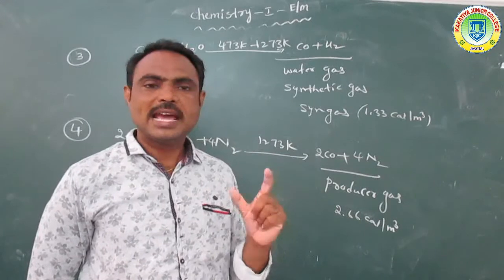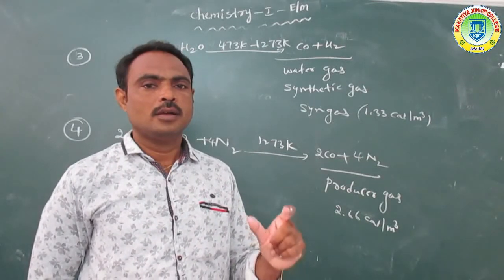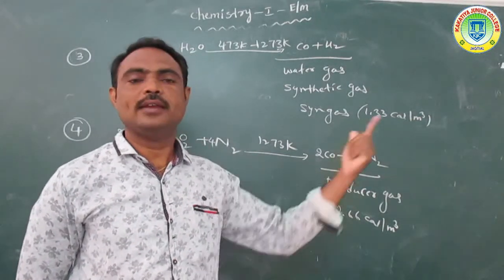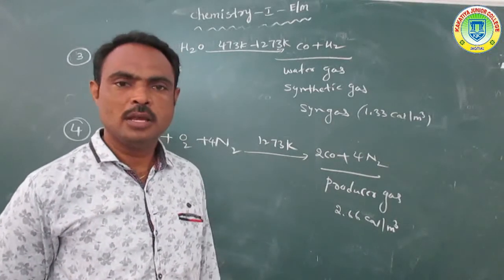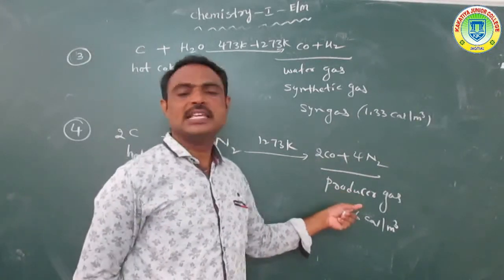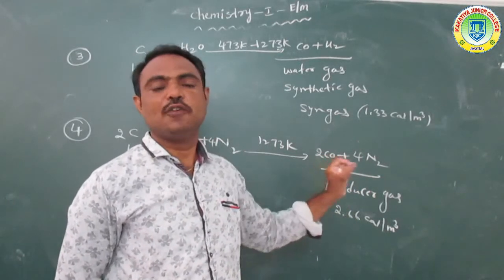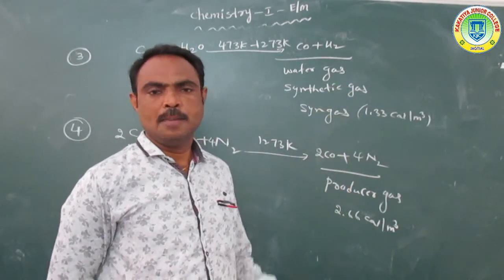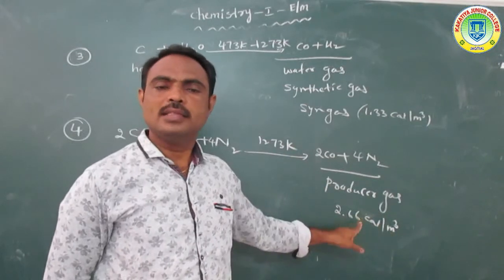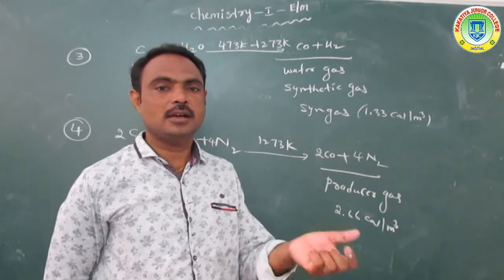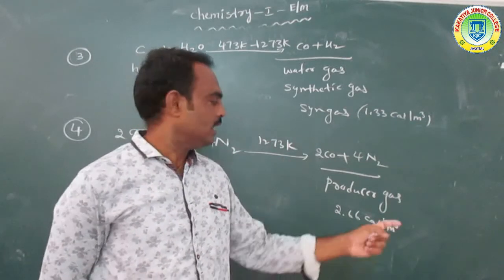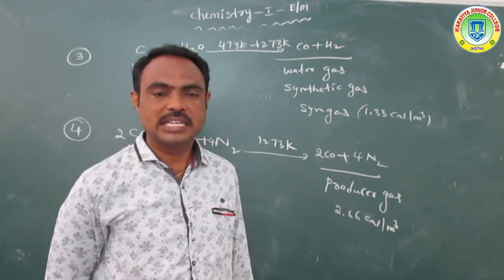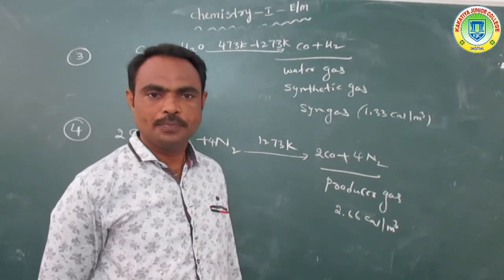So producer gas is a good efficient fuel than water gas. Explain. This question is very important. Yes, producer gas is a more efficient fuel than water gas, because when we burn producer gas, it gives a high calorific value, that is 2.66 calorie per meter cube.